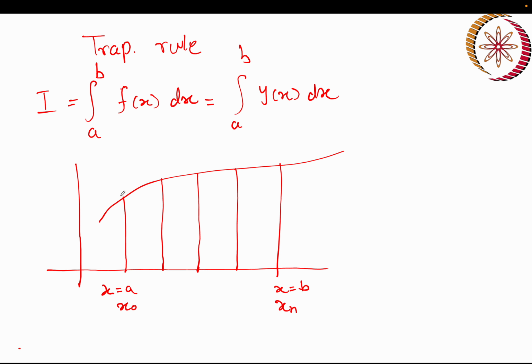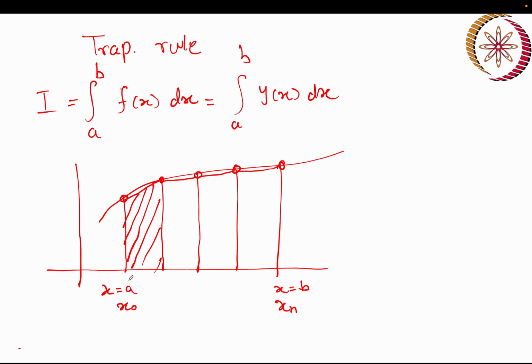In this case, we just know these values at discrete x locations. So we can approximate this curve by linear interpolation, or by a linear curve, and you can see that this is the trapezoid.